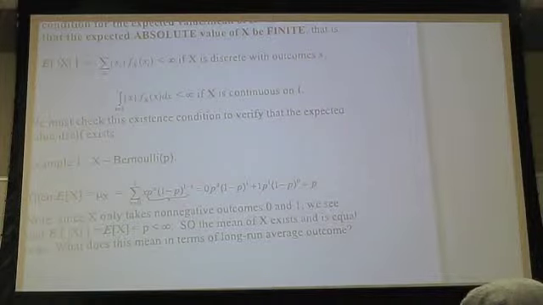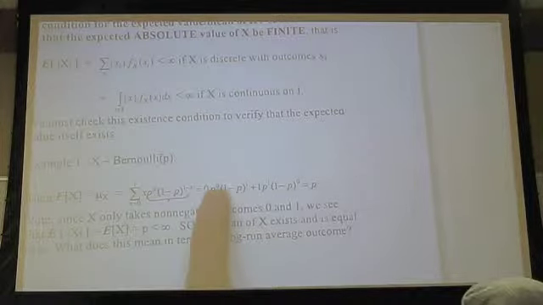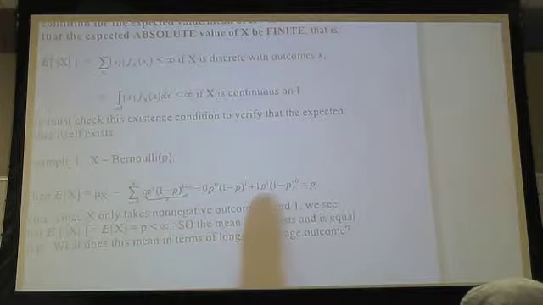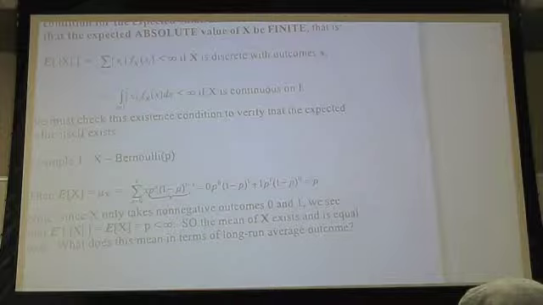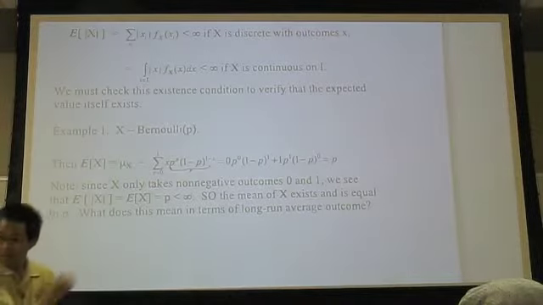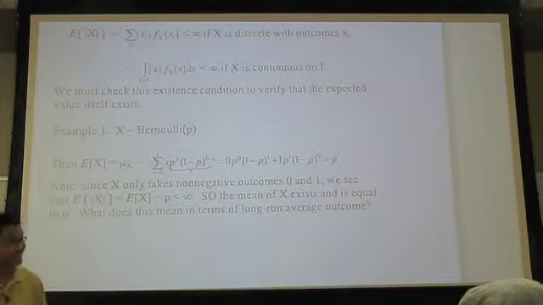So you just plug in the formula. For x equal to 0, you have 0 times p to the 0, 1 minus p to the first, plus x is 1, so you have 1 times p to the first, 1 minus p to the 0. That's p, the expected value for the Bernoulli distribution is just p. Okay?